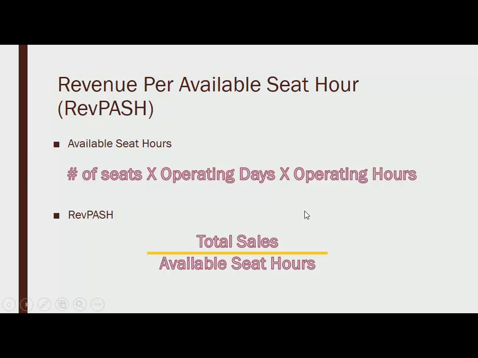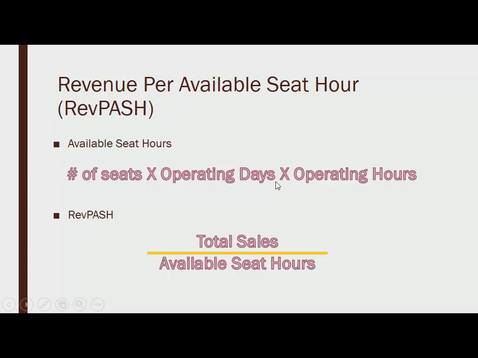RevPASH has become a very big analysis tool in restaurants, where you're evaluating the revenue per available seat hour. Now, before we even get to the RevPASH, we need to figure out available seat hours. So to find our available seat hours, we want to look at number of seats and multiply it by the operating days.